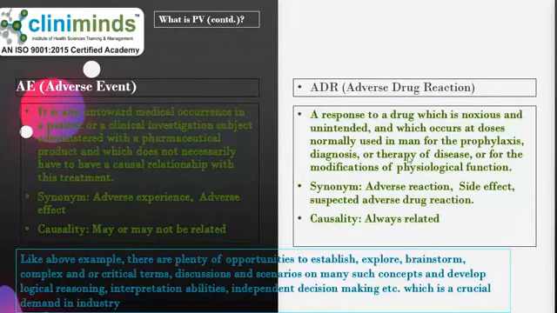So in that context, independent decision making is a crucial demand in the industry. This is what every industry is looking at.